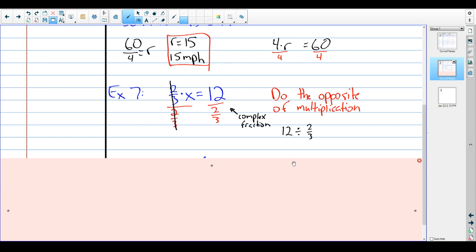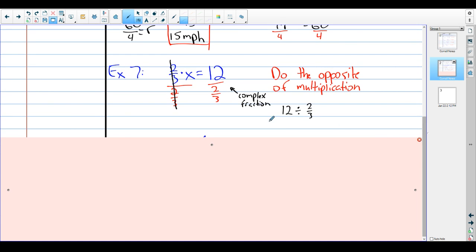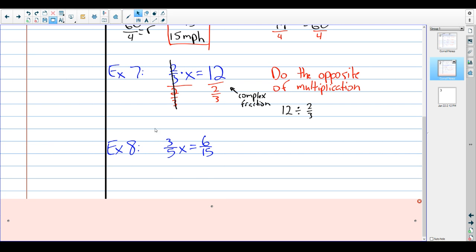Okay. And then we don't divide fractions. We always multiply by the reciprocal. I'm going to rewrite it again. We have 12, or 12 over 1, times, and then we flip the second fraction over, it's 3 over 2.